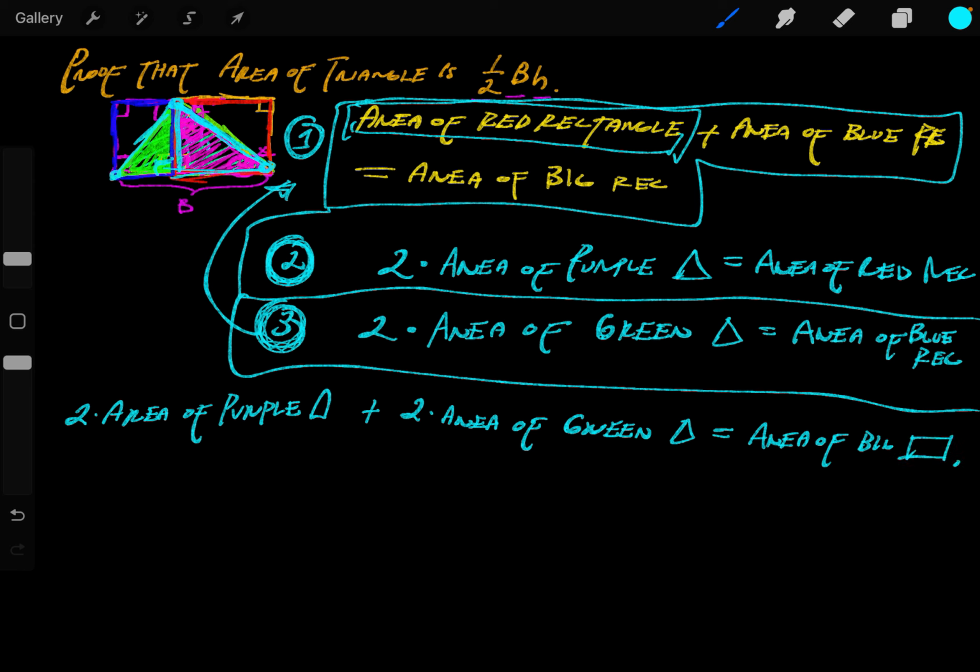Okay, now this statement here is something that should be relatively obvious, right? All I did was I just substituted in.